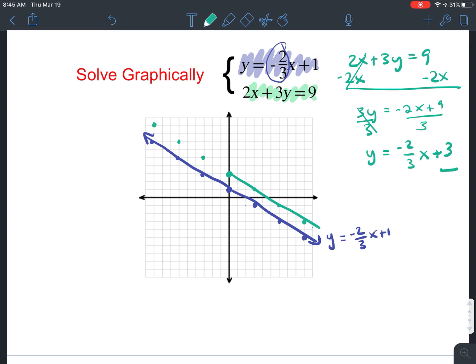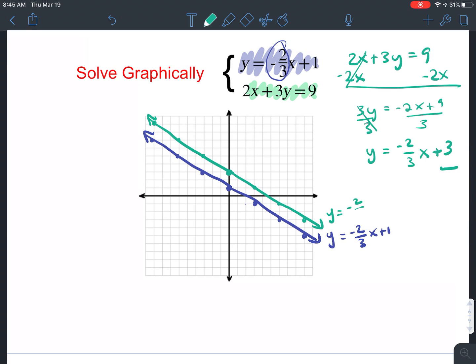So what do we notice about these two lines? Well, it appears from the graph that they will never touch, right? Because there are no points of intersection. Now, we do have to confirm that. Knowing what we know about two lines that never intersect, we know that those are parallel lines.